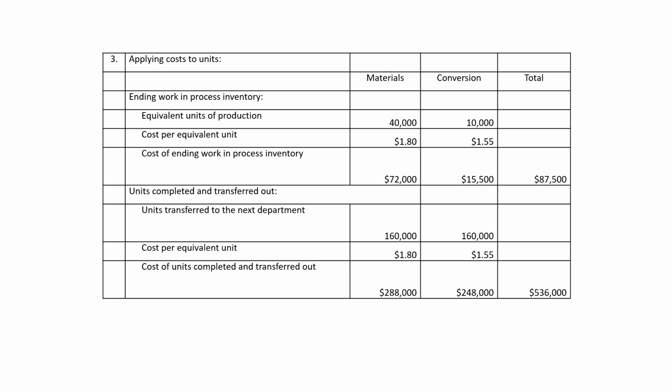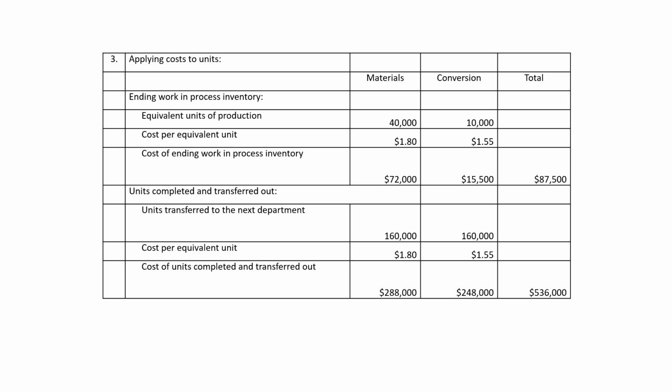Since the 40,000 units were 100% complete with regard to materials, we will include all 40,000 times the $1.80 equivalent unit cost. So the materials part of ending inventory, $72,000.